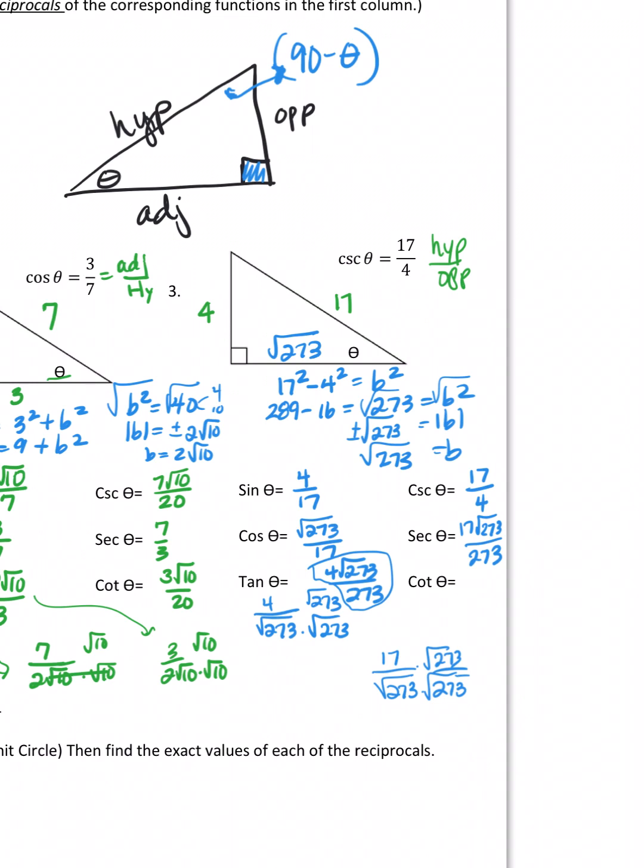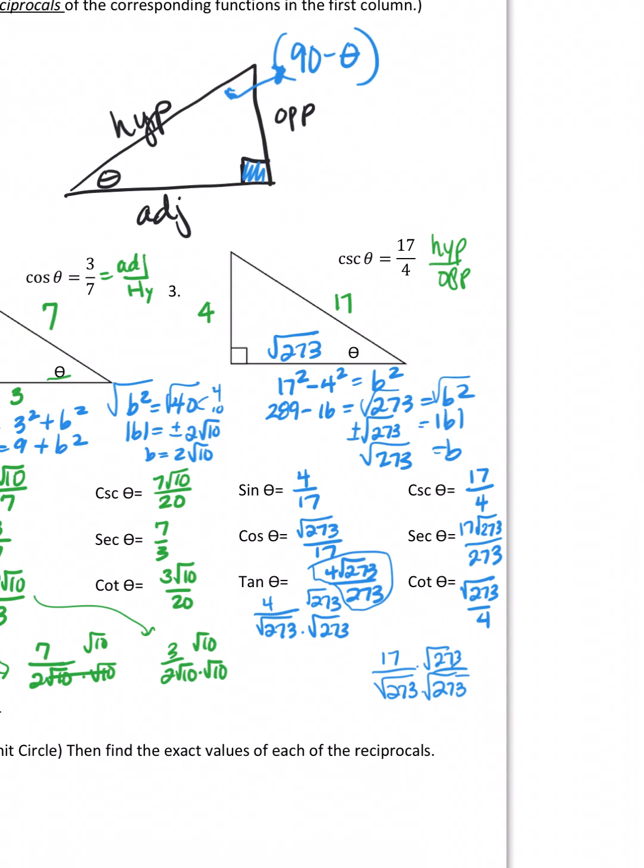And then cotangent, I can flip this over, but then I'm going to have to rationalize again. So the best thing to do is go before we rationalized it, when we initially did our tangent, and flip it over from there, and that'll save you that step. So that would be square root of 273 over 4. All right, so this just involves Pythagorean theorem, rationalizing, and knowing your ratios.